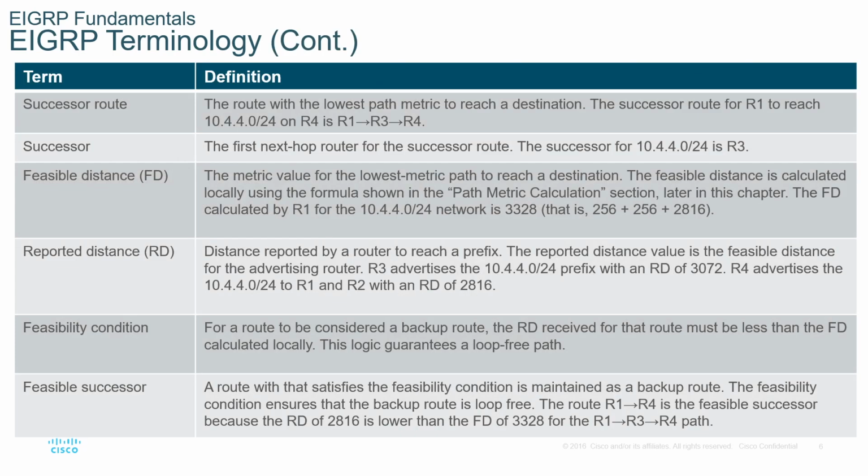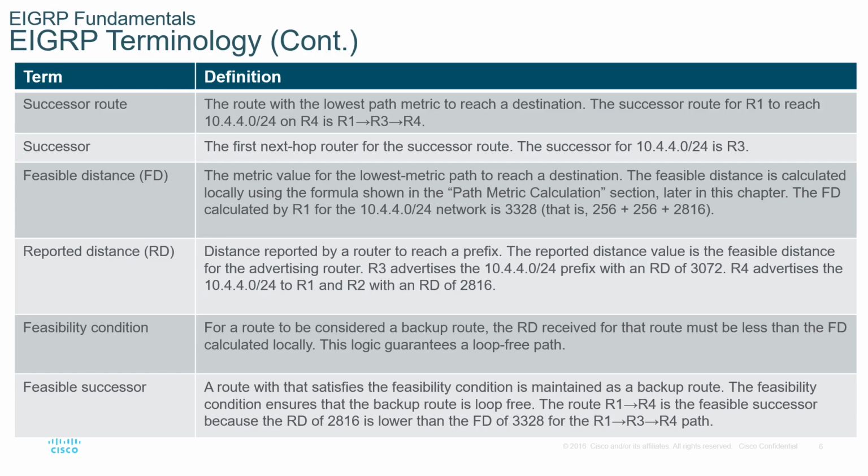Alright, so successor route is our primary path, so it's the lowest path metric to the destination. Our successor is our next hop router, so the next device that we go through. Feasible distance is our calculated cost, and when we look at the paths from the previous slide, we add those together to come up with a feasible distance to the destination.